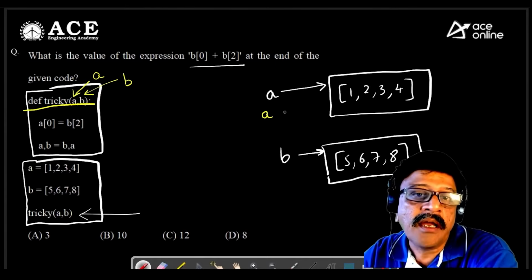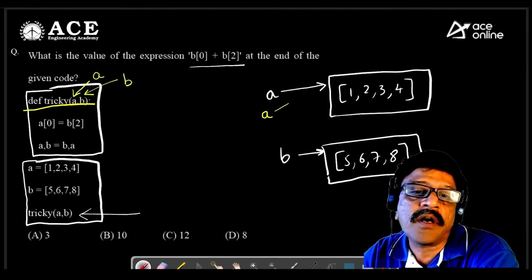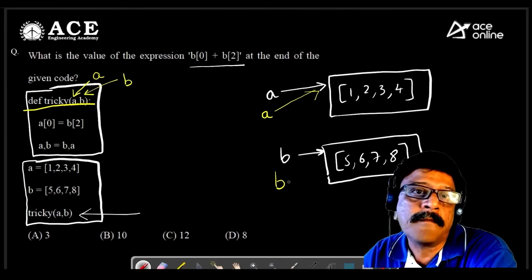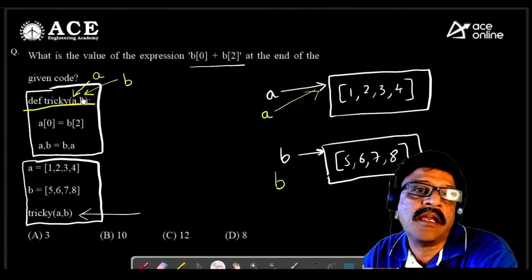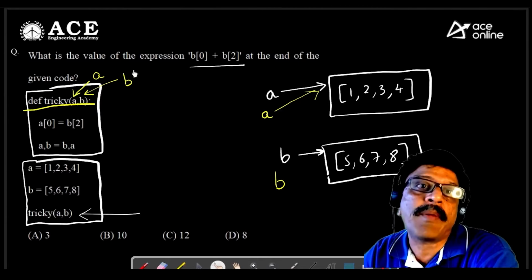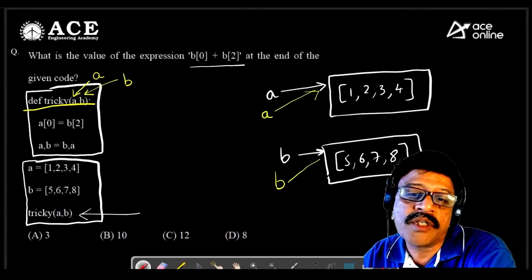The first reference A, which is the parameter of the tricky function, refers to the original object where A is referring. And the second parameter B, I'll pinpoint that again, is a new local reference, which refers wherever the original reference B is referring. So the B refers to this object.